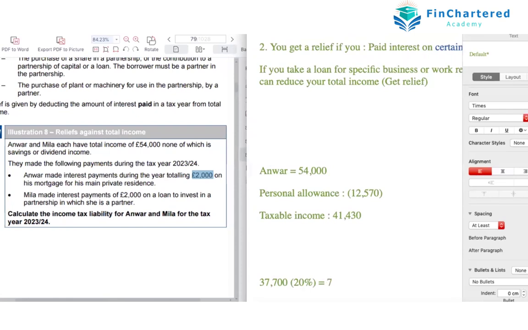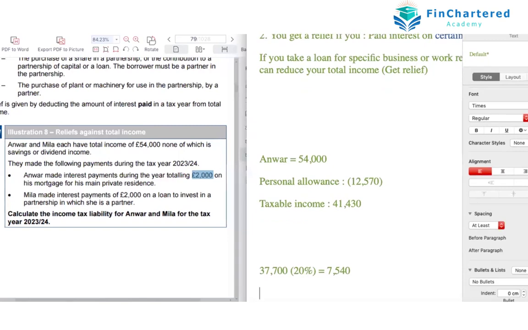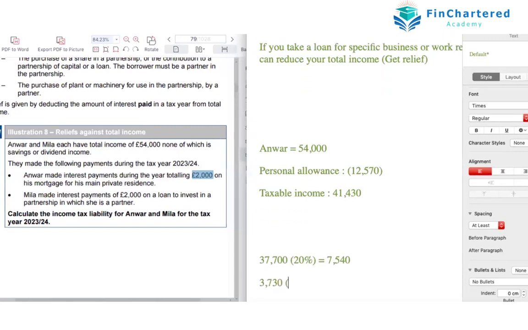Now, you don't need to always keep going back to the calculator. You know, 20% of 37,700 is 7,540. And the excess of that is how much? 3,730. For this, what is the tax rate?